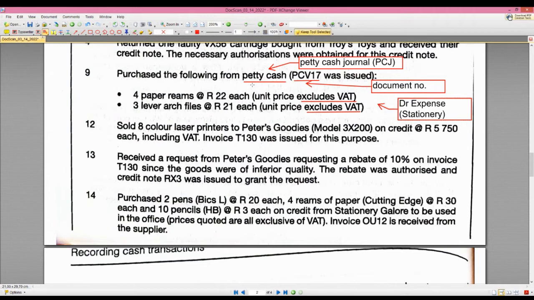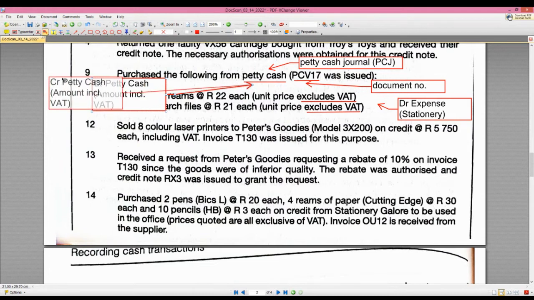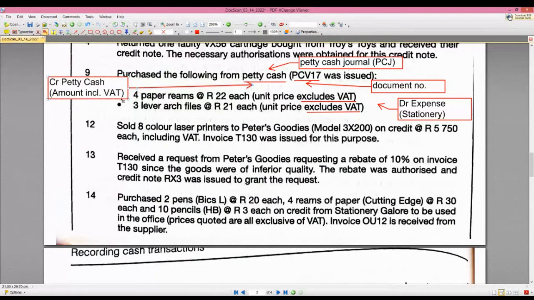And because we paid it out of petty cash, we would credit the petty cash amount, but with the amount inclusive of VAT. Remember, when you buy it, you would have paid the VAT over to the supplier when you purchased it. So that means your petty cash amount would include the VAT amount.